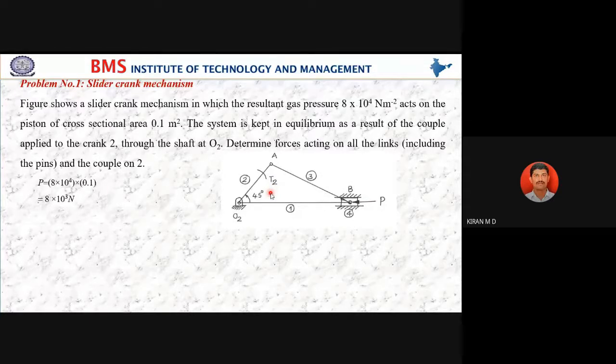Just imagine this link 1 is the bearing mounted to the frame. The bearing should have the opposite force to whatever force is developed by the crankshaft. Otherwise, the bearing will move towards left. So it will not stay here, and if it is not staying here, you cannot achieve the motion. Correct?